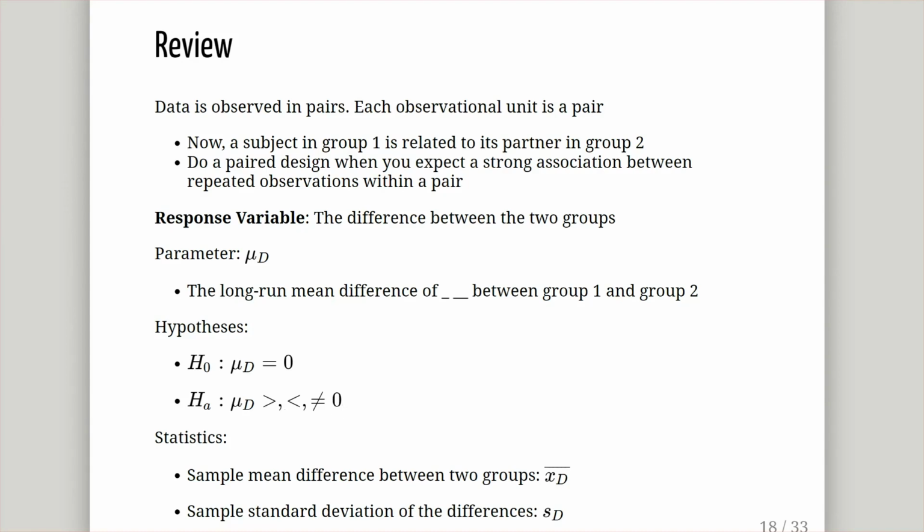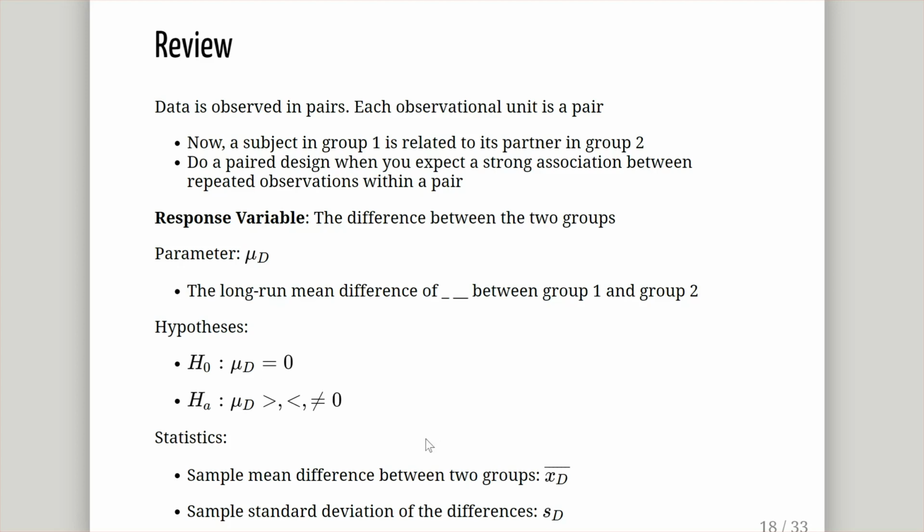When I say not 0, I mean greater than 0, less than 0, or not equal to 0. Read the question carefully to know if we are expecting a difference greater than 0, a difference less than 0, or a difference that's just a general difference, which means not equal to 0. We don't actually know what the parameter is, we're just making two hypotheses about that.